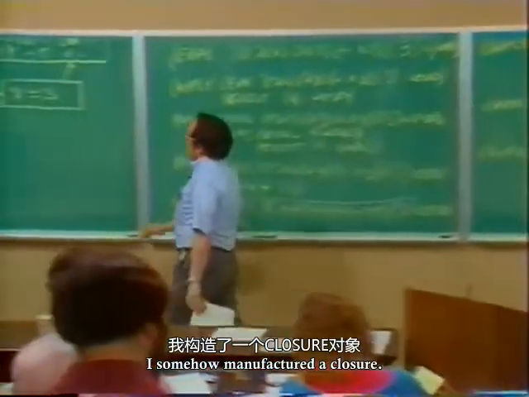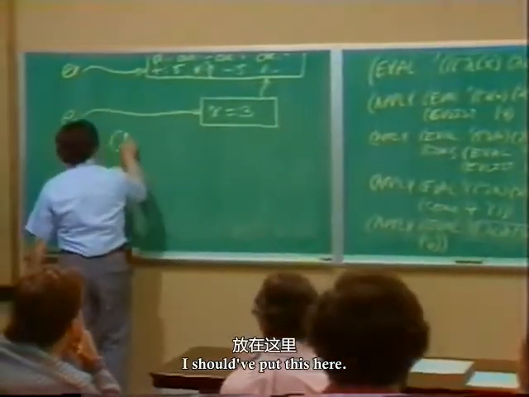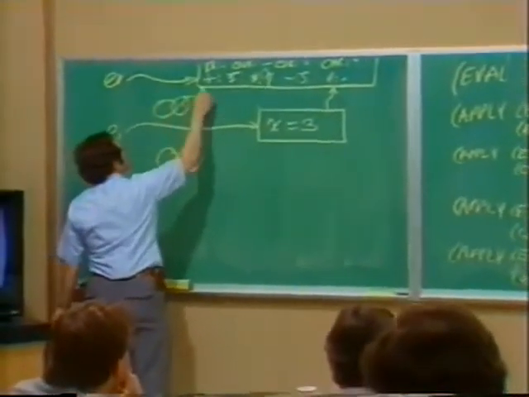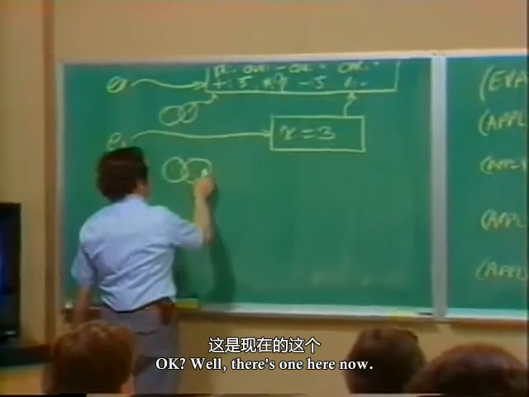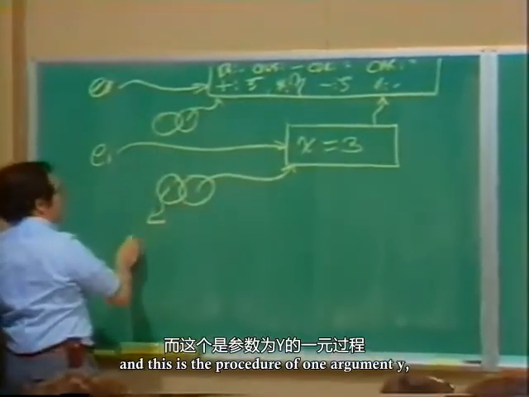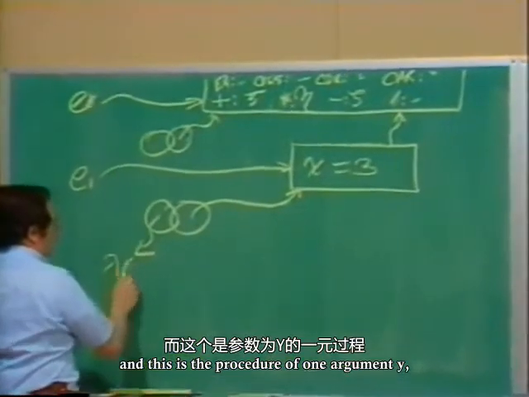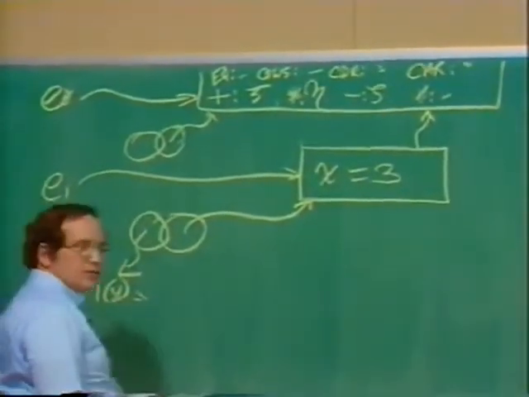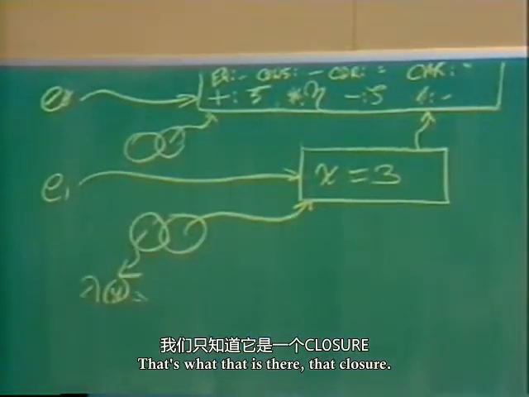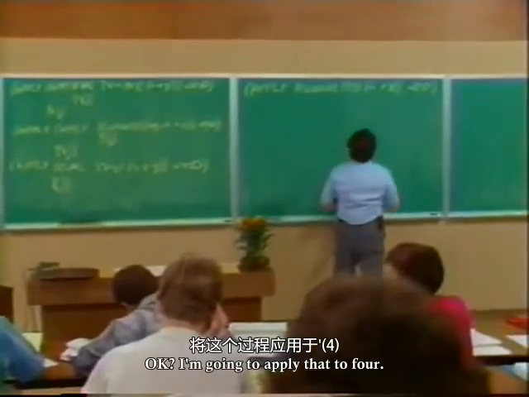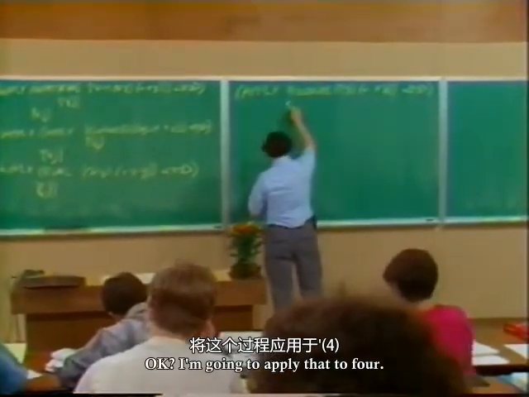I somehow manufactured a closure. Okay, well there's one here now. I've captured E1, and this is the procedure of one argument y. That closure. Okay, and I'm going to apply that to 4.